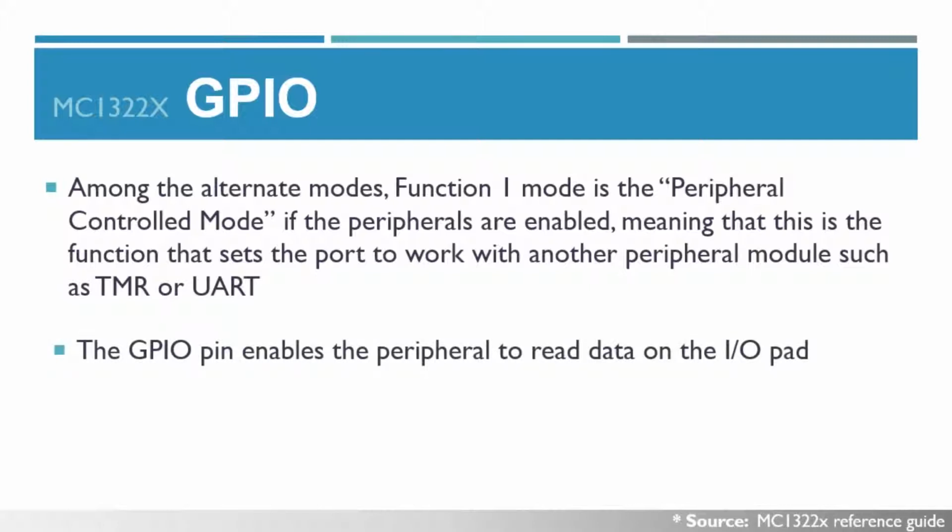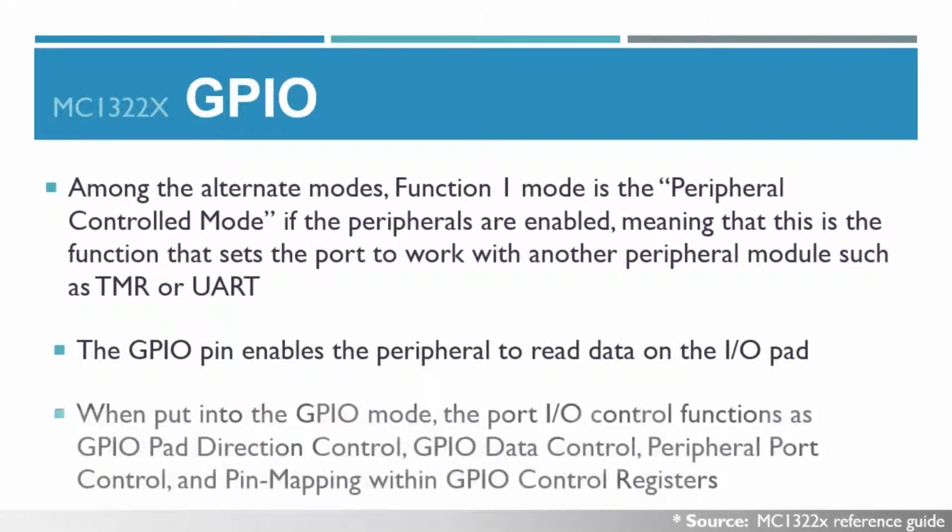The GPIO pin enables the peripheral to read data on the I/O pad, and when put into the GPIO mode, the port I/O control functions as the GPIO pad direction control, GPIO data control, peripheral port control, and also the pin mapping within the GPIO control registers.